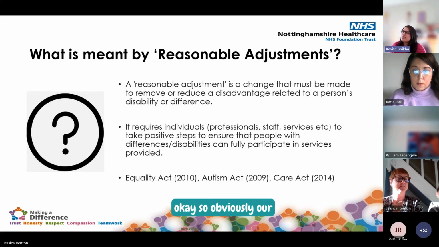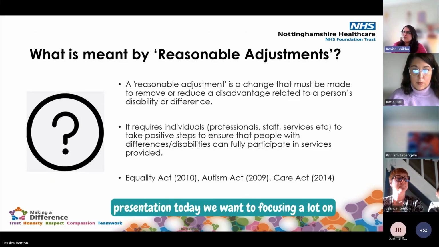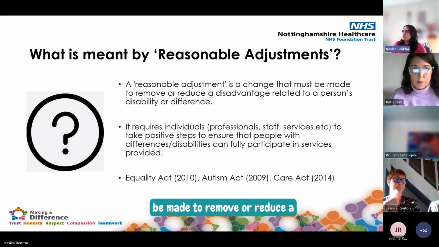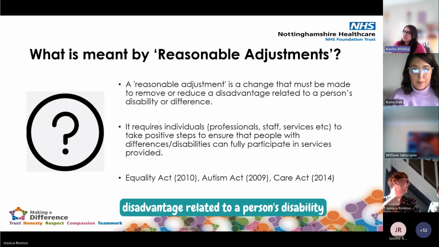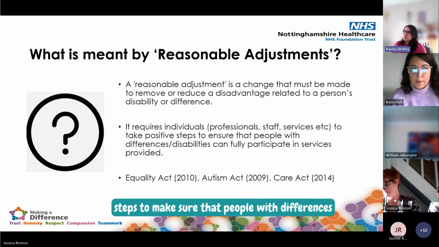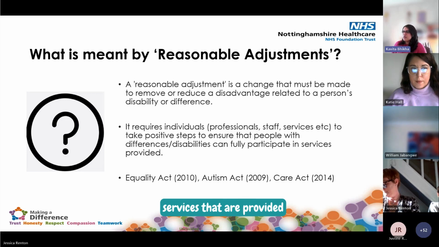Okay, so obviously our presentation today, we want to be focusing a lot on reasonable adjustments. So just to make it clear, a reasonable adjustment is a change that must be made to remove or reduce a disadvantage related to a person's disability or difference. So it requires individuals, professionals, staff, and services to take positive steps to make sure that people with differences or disabilities can fully participate in services that are provided.